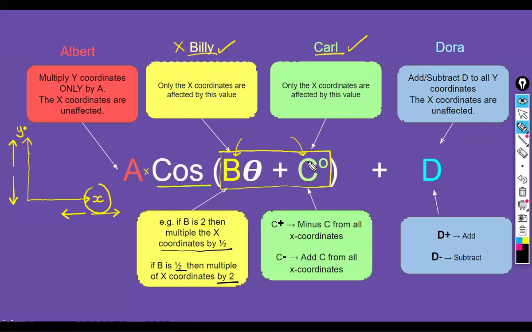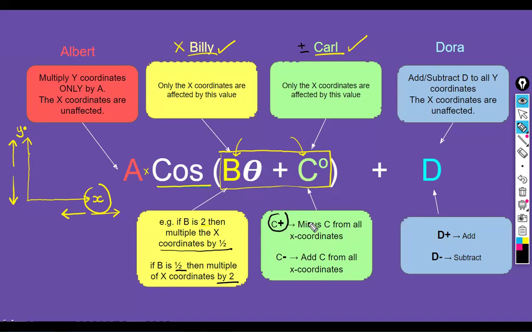And the same thing for Carl. Carl has to do with addition and subtraction of the x coordinates. But it's the opposite. If this C value is a positive value, it is minus that value from the x coordinates, even though C is positive. Common sense would say that if C is positive, you would add the x values.